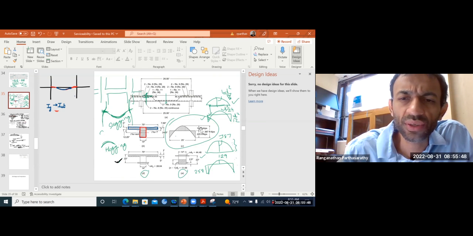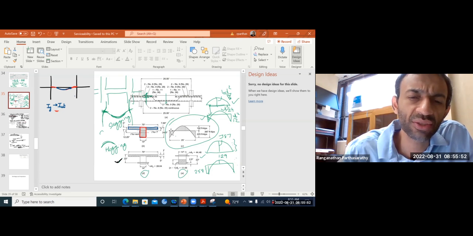So that's your moment diagram. Okay, it has seen that. This is what we will use to calculate our effective moment of inertia.